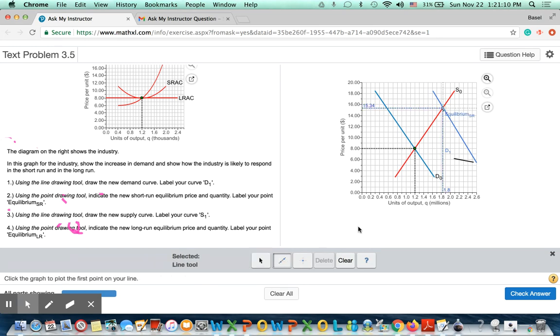So in this case, I'm just going to take any random point in here. What I really care about is that this intersects the demand curve at price 8. So again, it should be this one.